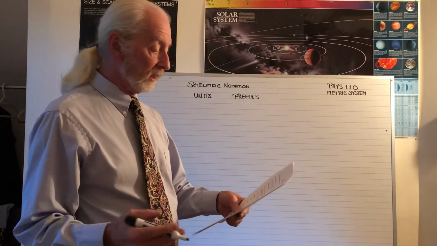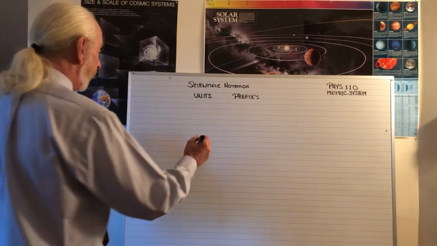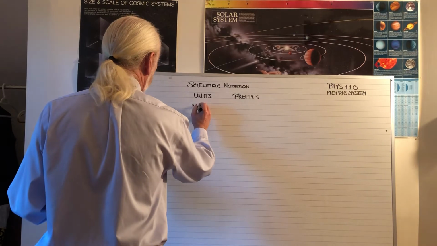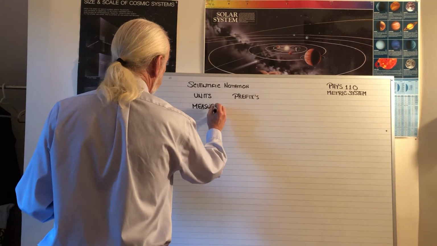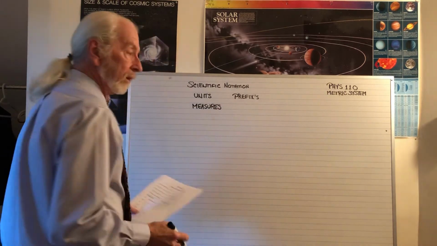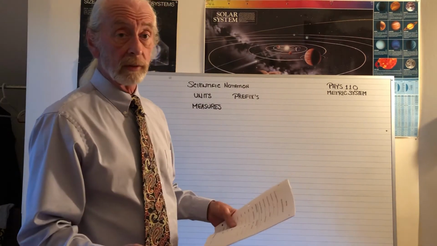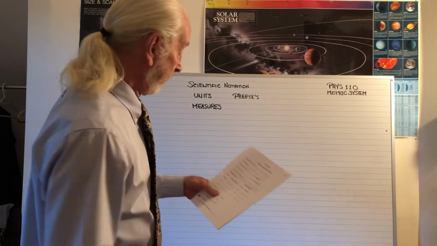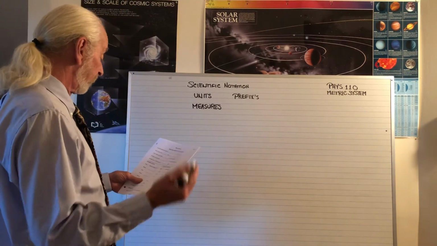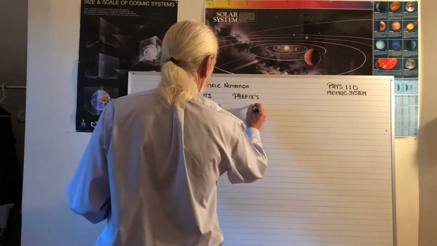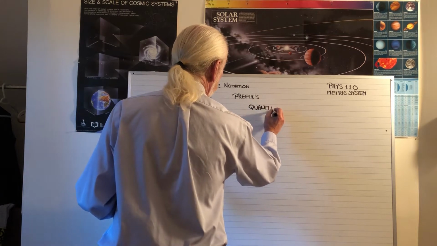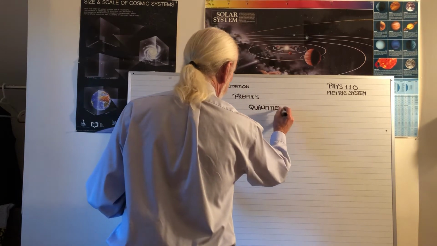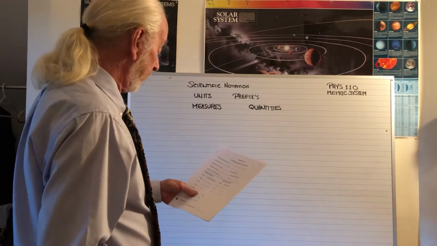Units relate to specific measures. What you got? And by that I mean liters, meters, or hootigeters. Prefixes are specific quantities. How many you've got?